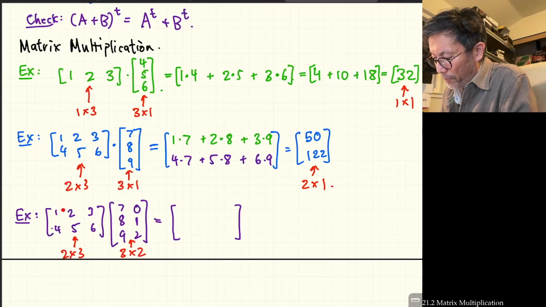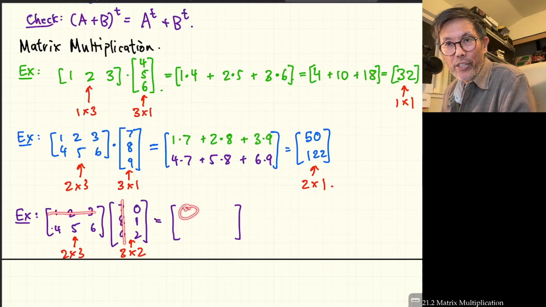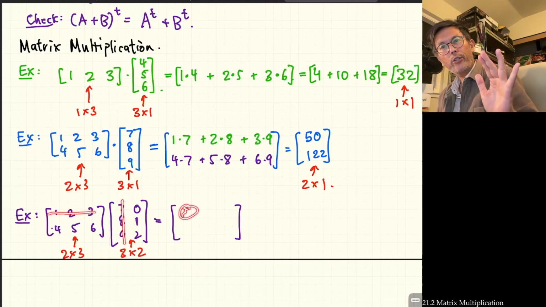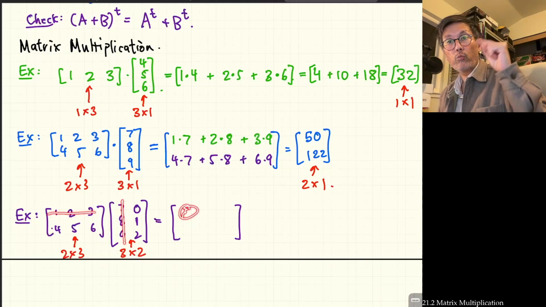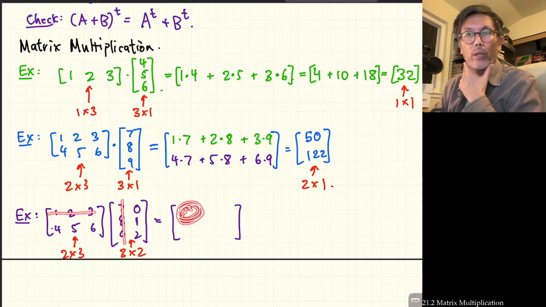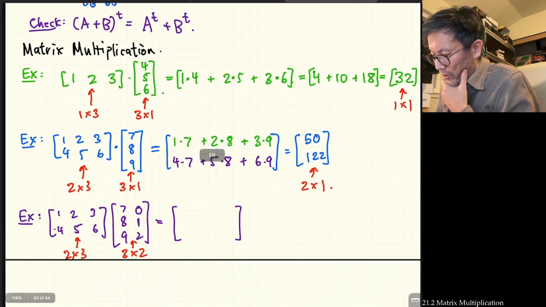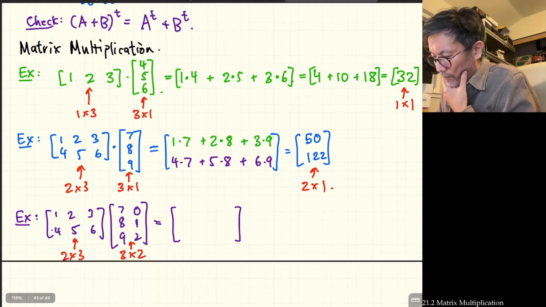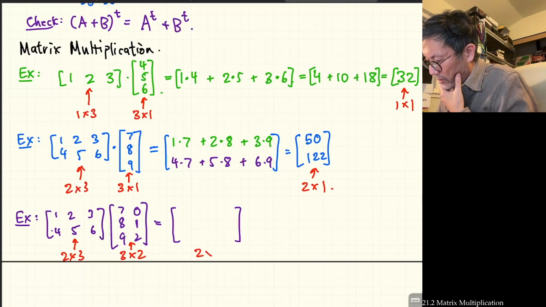But now I'm going to take the dot product of the first row with the first column to obtain my first entry, the 1,1 entry of my product matrix. When I say the 1,1 entry, what I mean is the entry in the first row and the first column. That's this entry right here, the upper left entry. This is going to be a 2x2 matrix, remember.